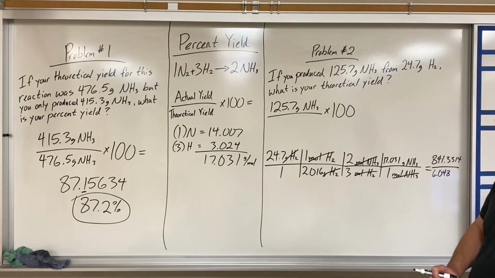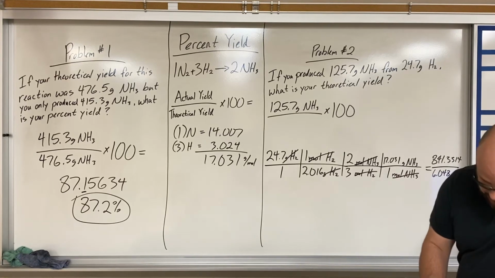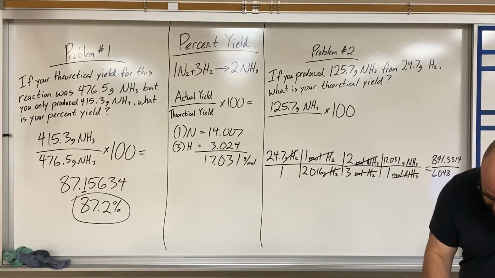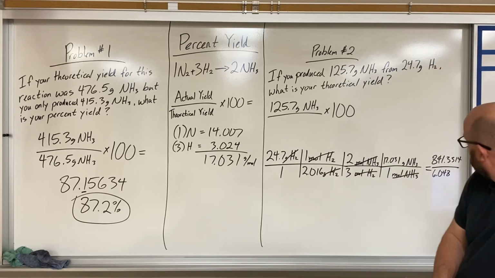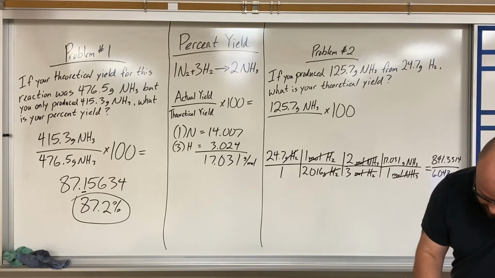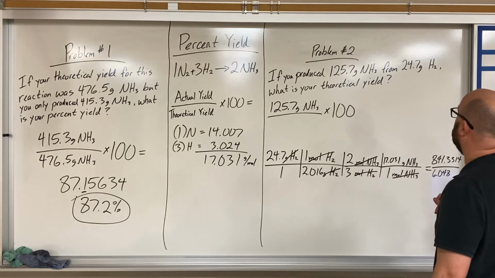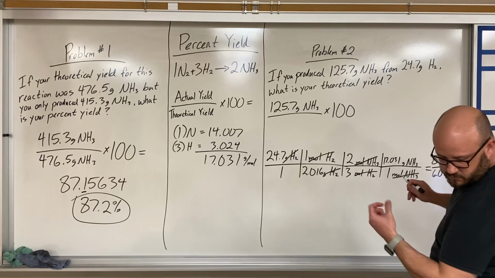So 841.3314 divided by 6.048 is 139.108.